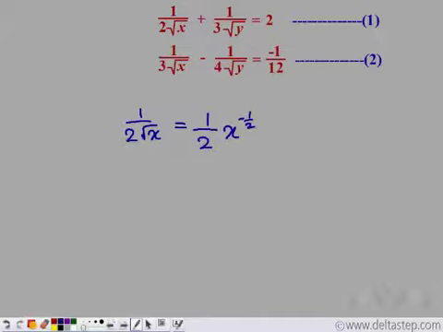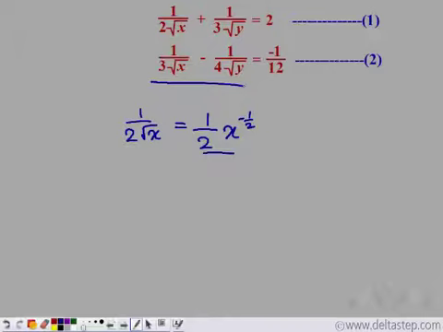So the power of x is not 1. Hence this is not linear. Similarly, this equation is not a linear equation in two variables. So how can we solve them? Well, we can solve them if we can reduce them to linear equations in two variables.